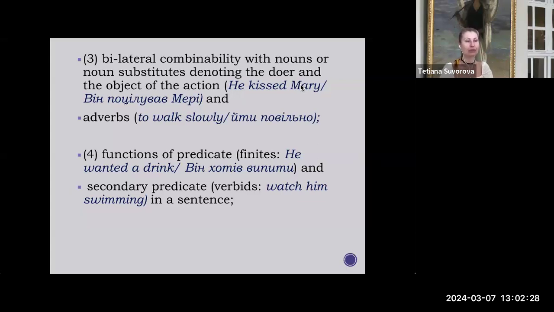And secondary predication is the verb in non-finite form. They are called verbals. Sometimes it's like a synonym to non-finite form. Finite are those which can express all the categories: the person, number, tense, aspect, and all these logical categories.